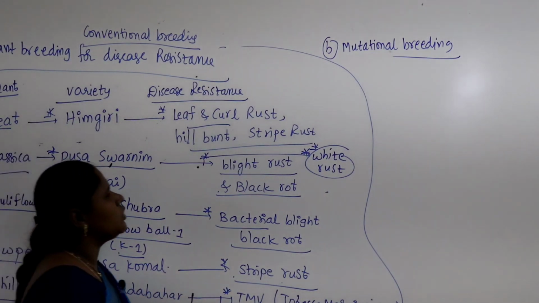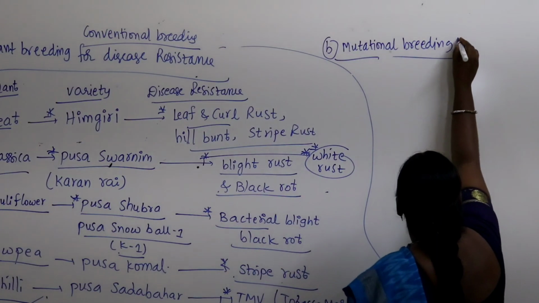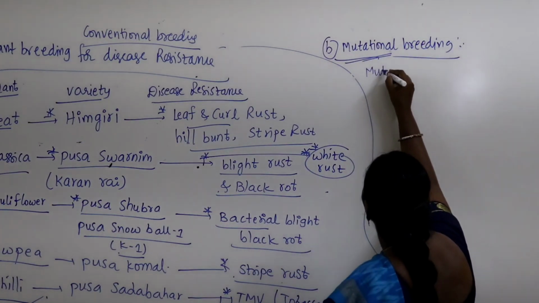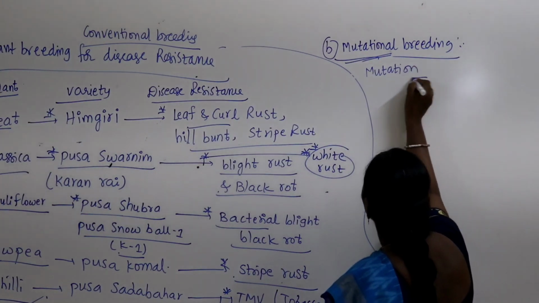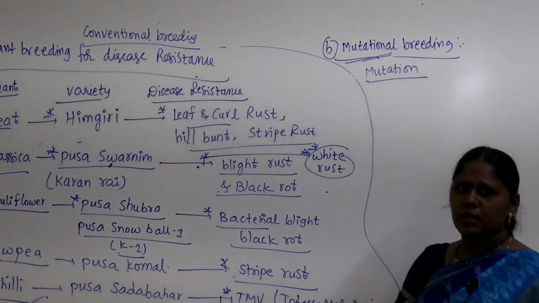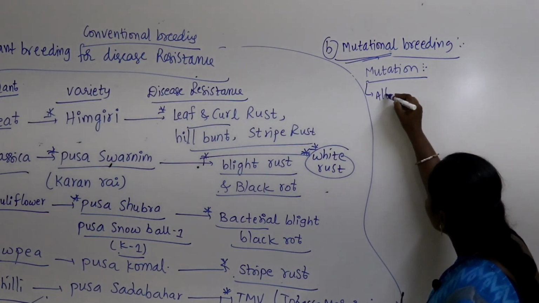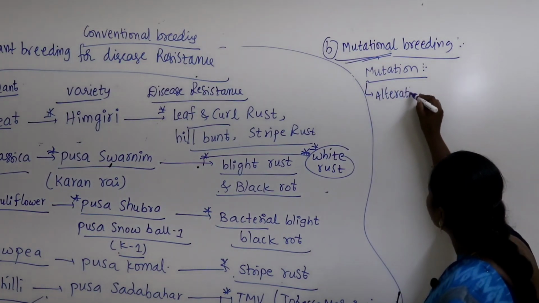Now coming to mutational breeding. So guys, you have to understand what is called mutation here. First of all, what is called mutation here? Mutation purely speaks about alteration of genes.